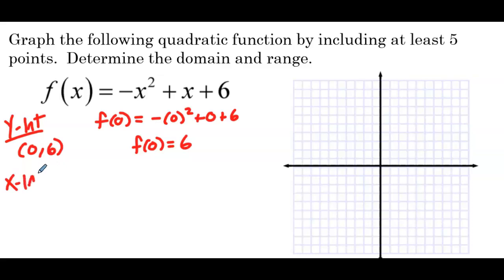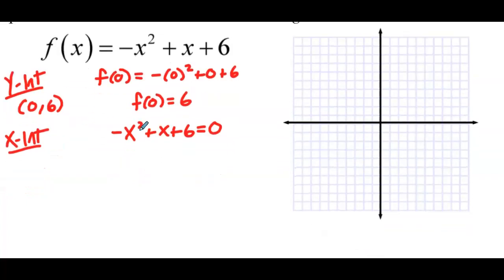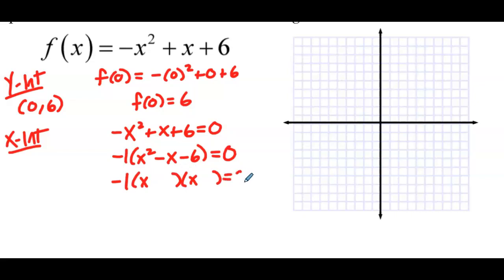Next up, we'll find our x-intercepts. So we have negative x squared plus x plus 6 equals 0. So we can factor out a negative 1. X squared minus x minus 6 equals 0. Makes factoring much easier. So we need factors that multiply to negative 6 and add to negative 1.